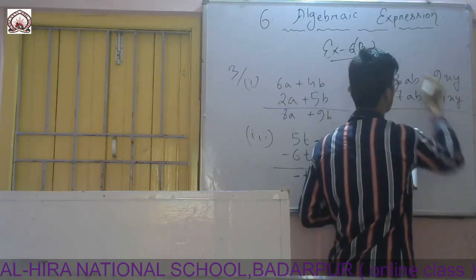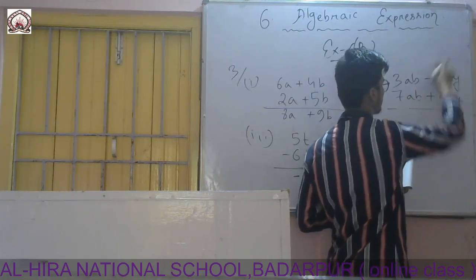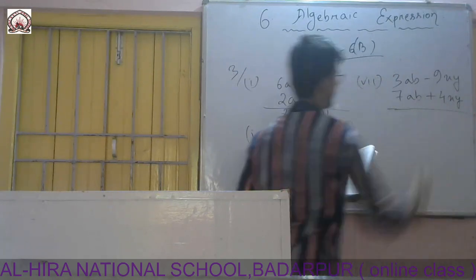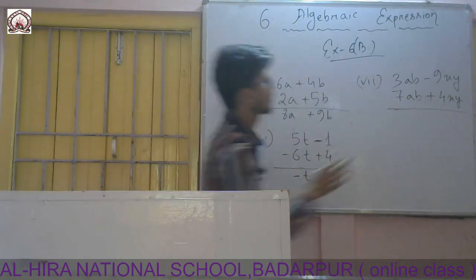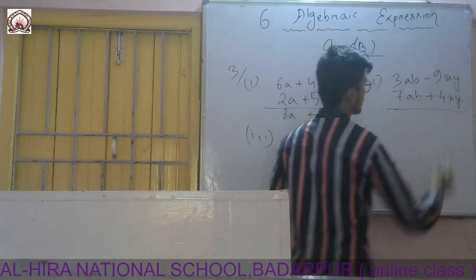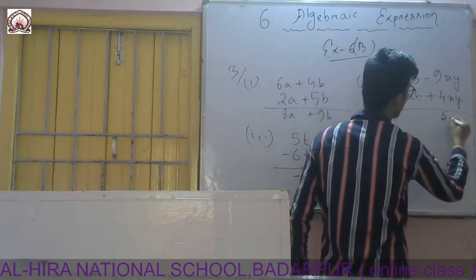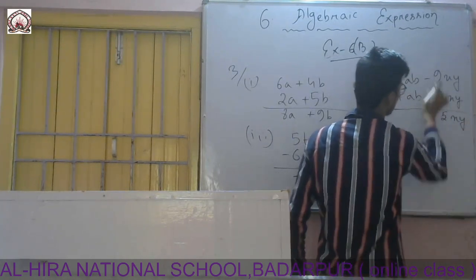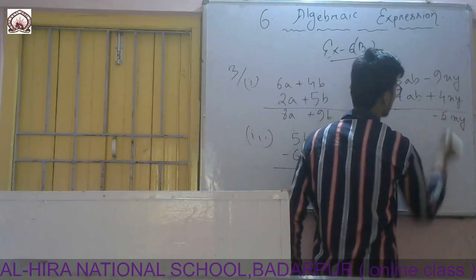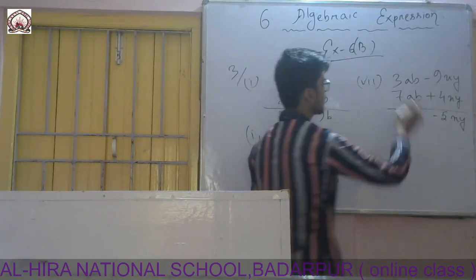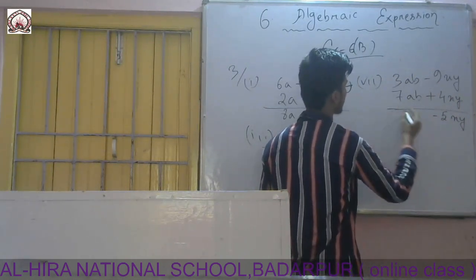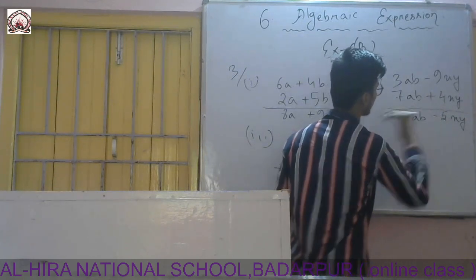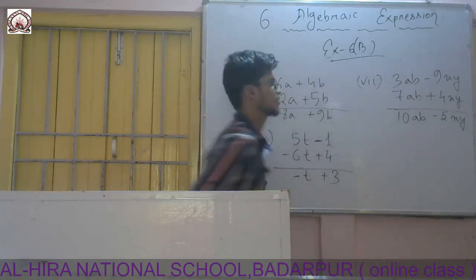Both of them are like terms, so I'll add these two in a column. So minus plus is minus, 9 minus 4 is 5xy. Which one is greater? 9. Sign of 9 is minus, so I'll put minus sign. Again plus plus is plus, 7 plus 3 is 10ab. Sign of 7 is plus, so no need to put anything.